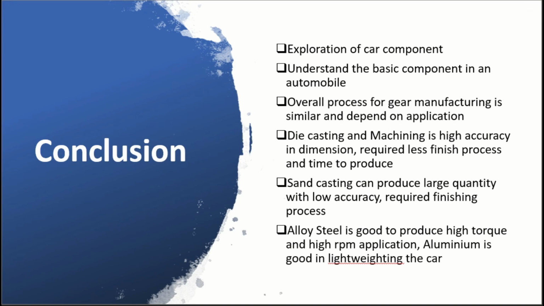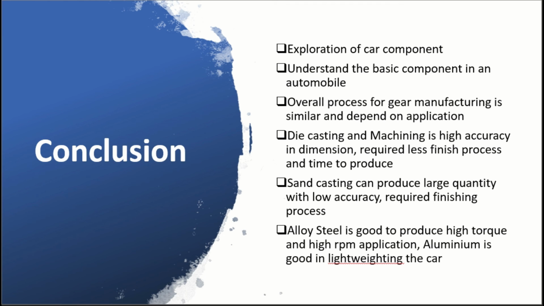As a conclusion of this presentation, we explored and understood the basic components that are available in an automobile. The overall gear manufacturing methods are quite similar and depend on the application.